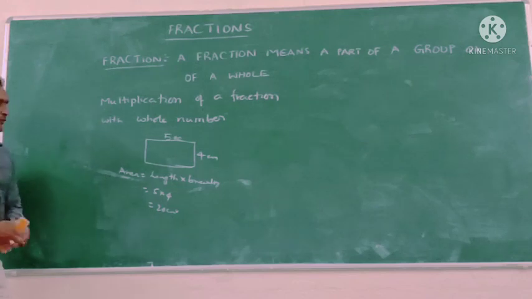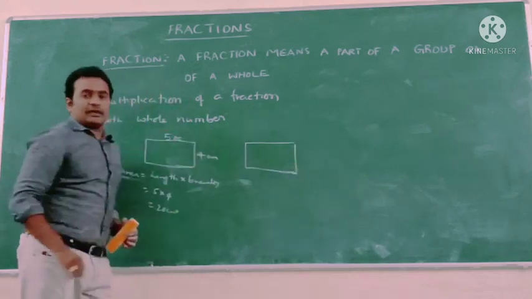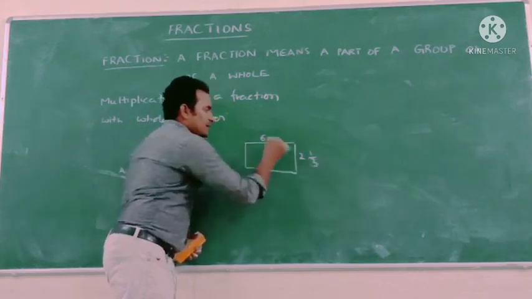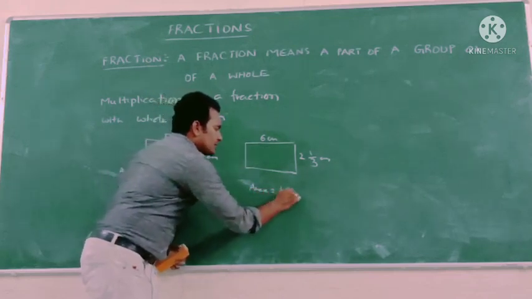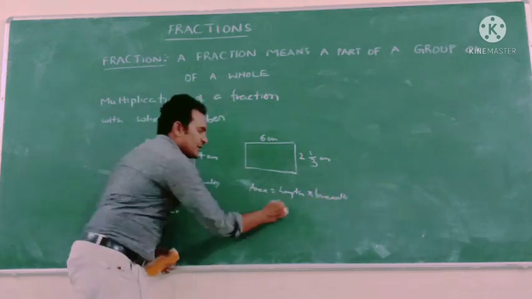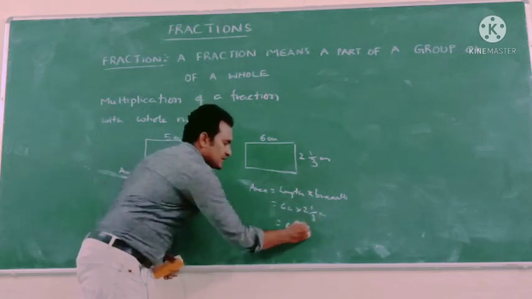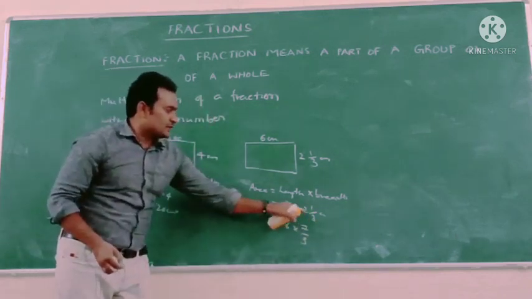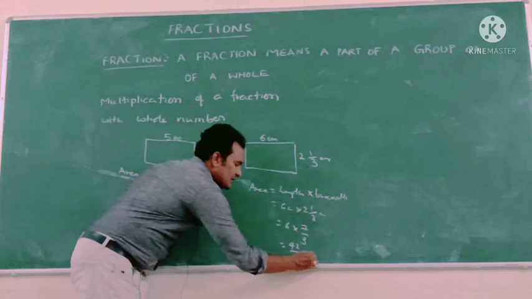Now if you want to multiply with a fractional value, suppose 6 centimeters and 2 1 by 3 centimeters, what is the area? Area equals length into breadth, so 6 centimeters into 2 1 by 3 centimeters. 2 1 by 3 can be written as 3 times 2 plus 1, 7 by 3. So 6 into 7 is 42 by 3 centimeters square.